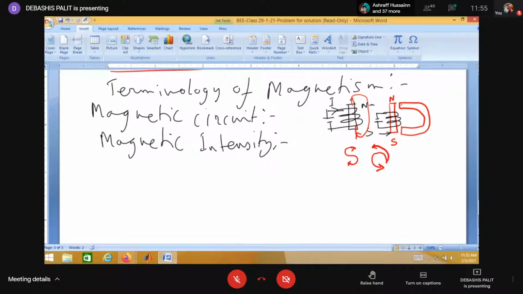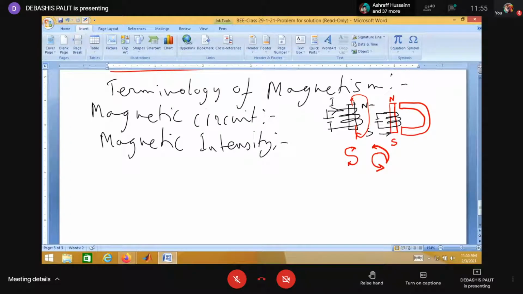The flux always originates from the N pole, and a small part covers a path through the air, and it also gets a path through the magnetic material. So flux can go through the magnetic material easily, and when it flows through the air, there is an opposition.